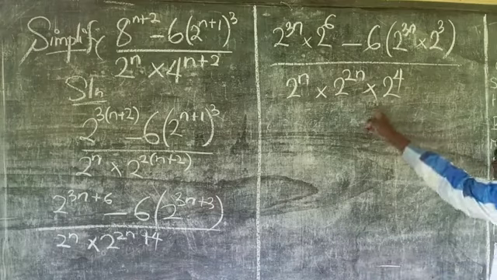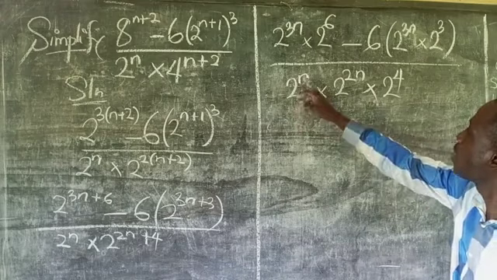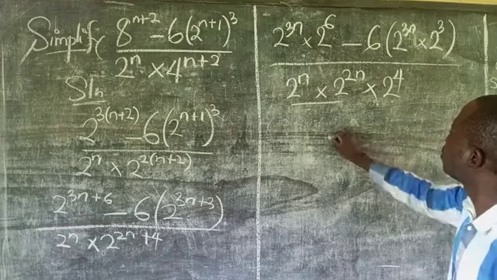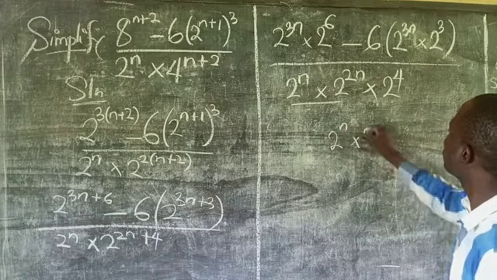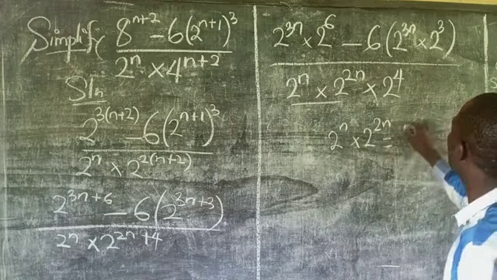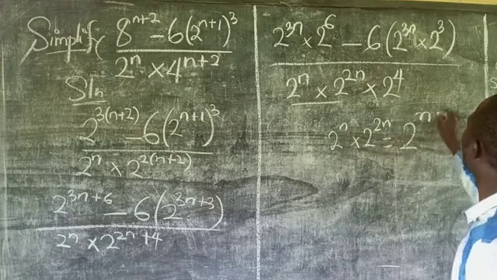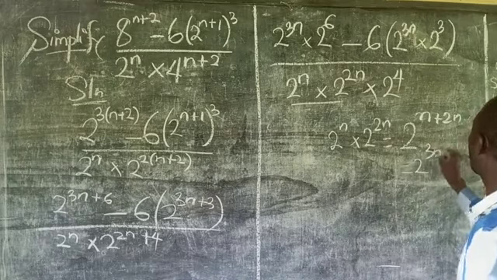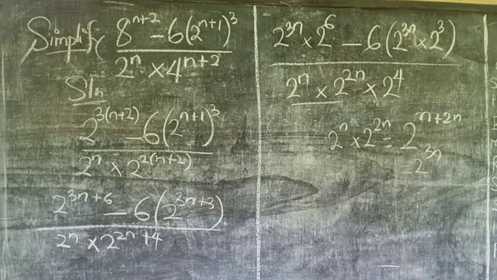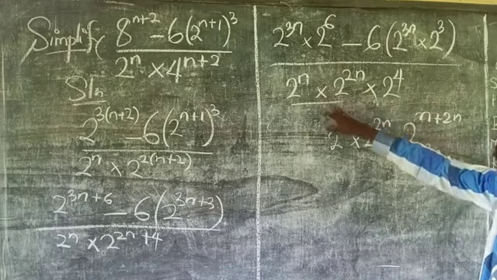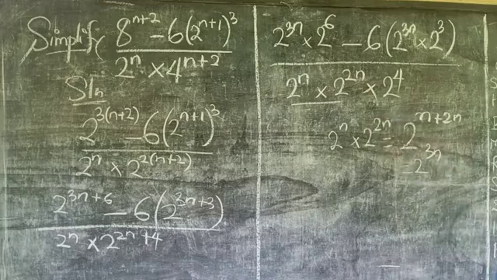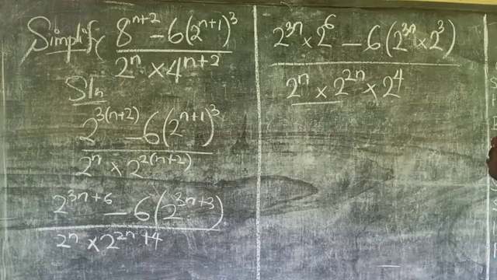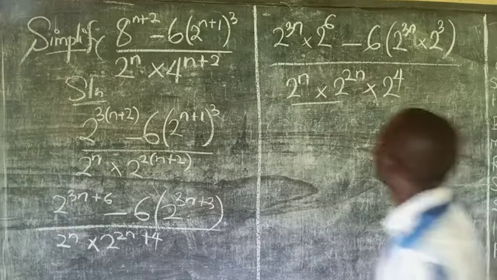But we can look closely: 2 raised to the power n times 2 raised to the power 2n can be 2 raised to the power n plus 2n, which equals 2 raised to the power 3n. That means we are good to go. We can equally derive 2 raised to the power 3n from the denominator. If we do that successfully, our expression will be simplified further than what it is now.